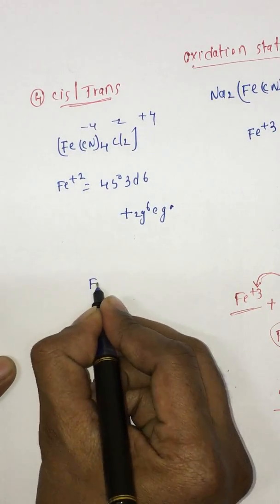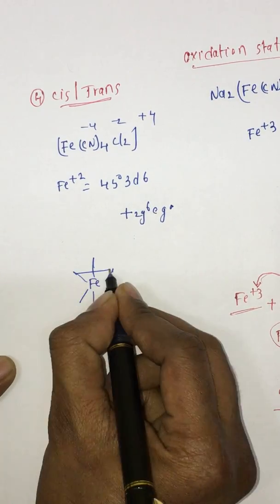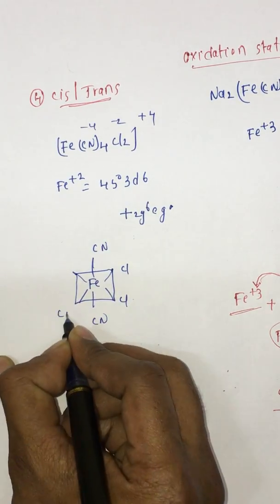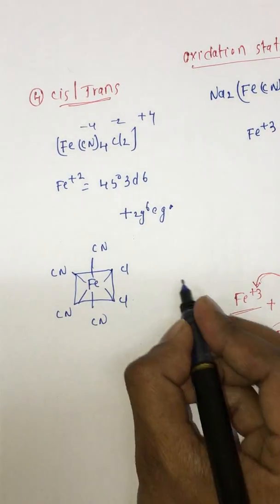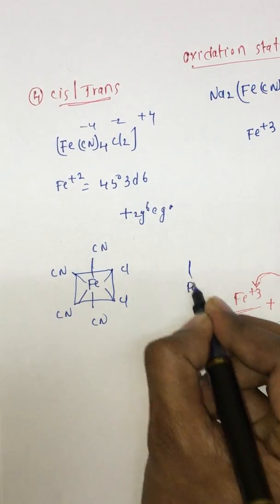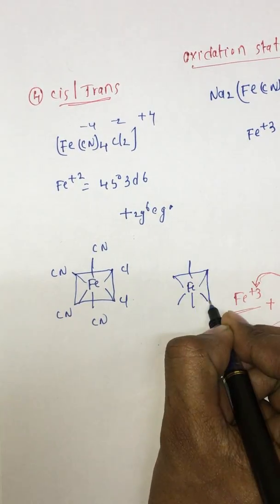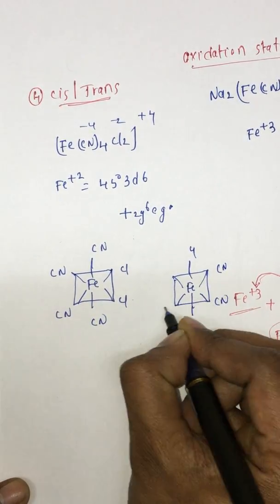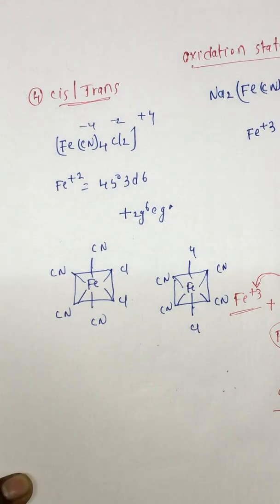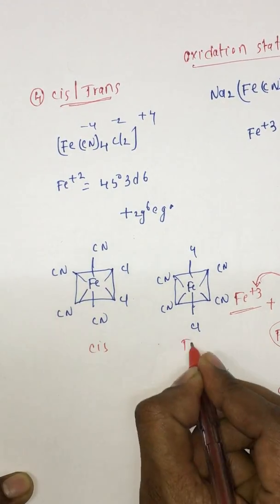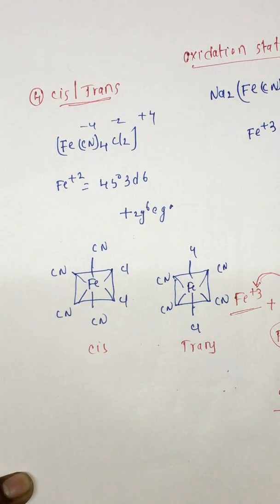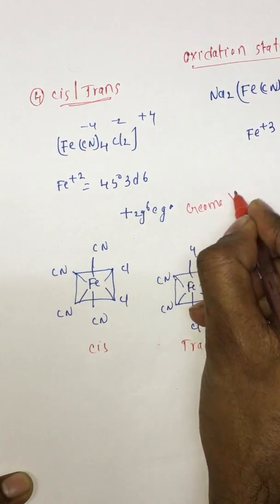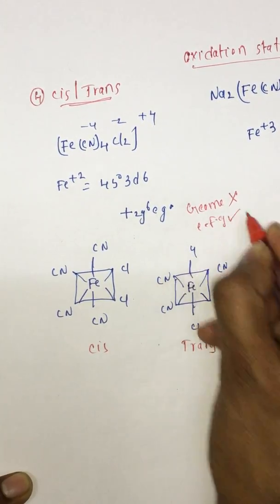So when we take the cis geometry, Cl, Cl, CN, CN, CN, CN, this is the cis geometry. And this is the trans geometry. So what we see here is that in both cases the geometry is unsymmetric, but the electric field gradient is symmetric, right?